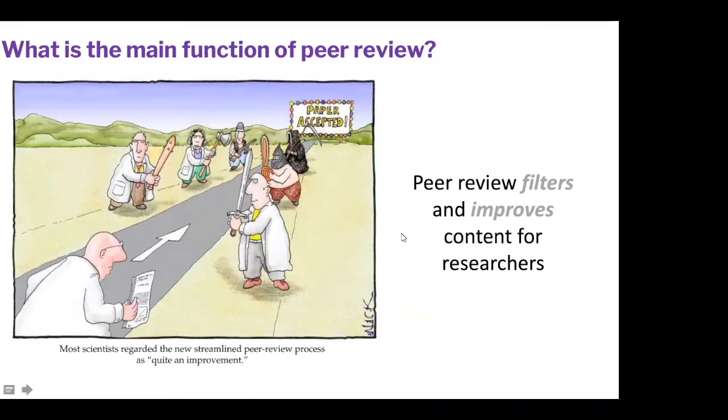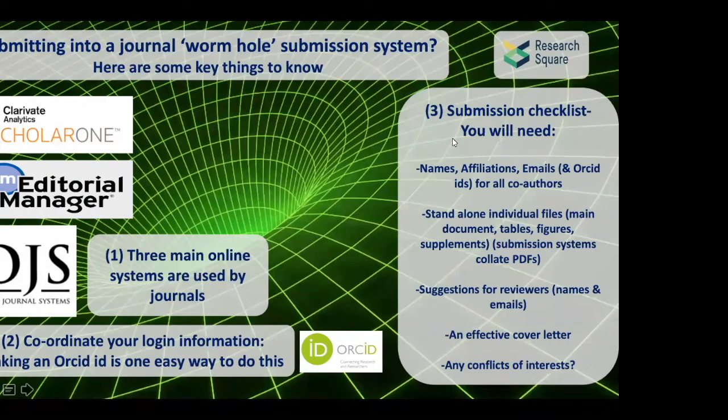All reputable international journals, all journals listed in Scopus, ISI, ISSI, in any of the Web of Science databases must be using peer review. So initially, before you go into the submission system, do check that your journal is using peer review.